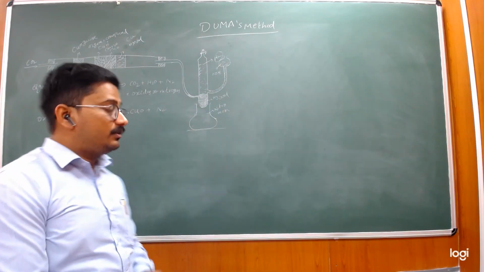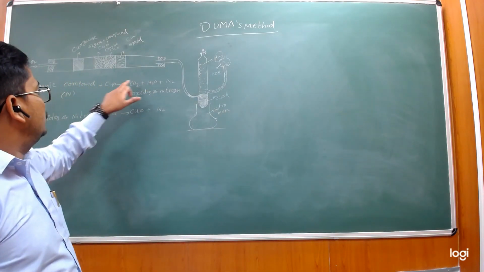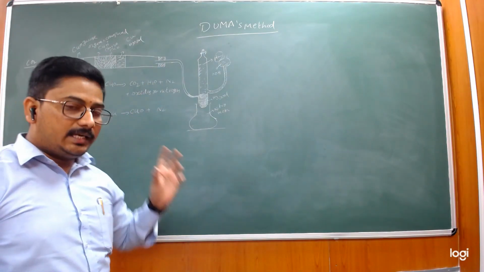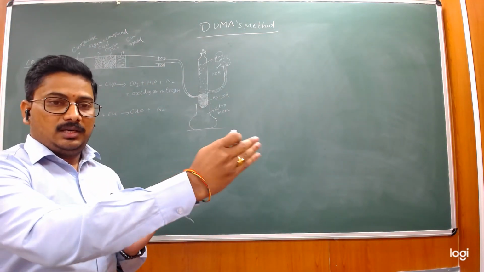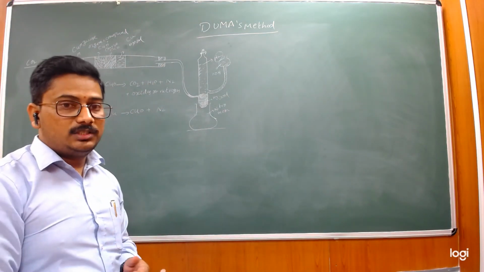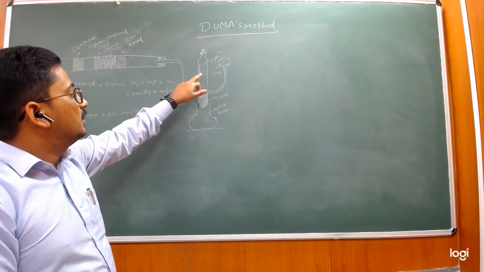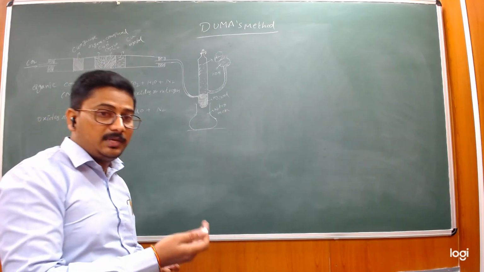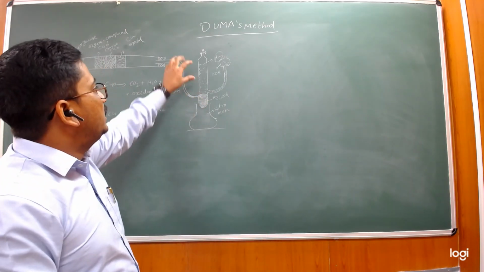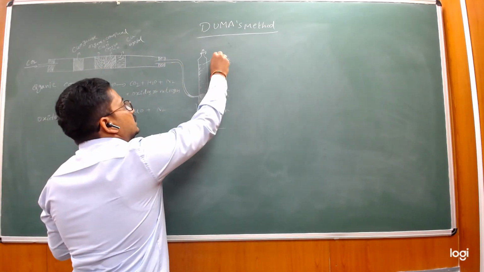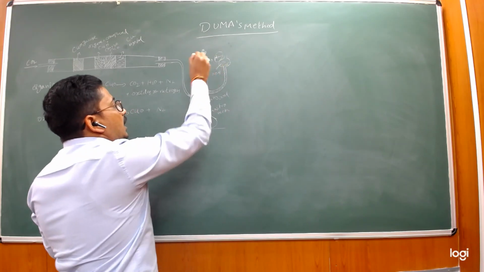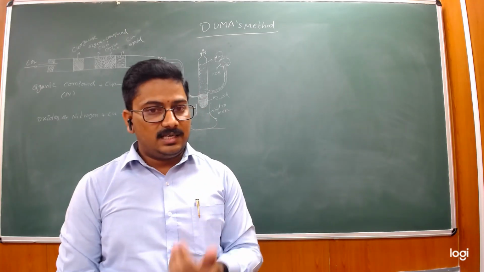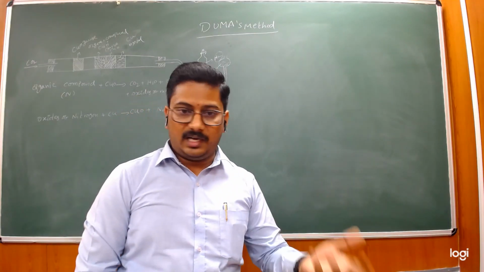After the reaction of CuO with the organic compound, with formation of CO2 and H2O, the complete nitrogen can be left out. That nitrogen gas can be collected at the nitrometer. We can find out how much nitrogen is formed, and if we know the volume of nitrogen, we can easily find out the percentage of nitrogen.